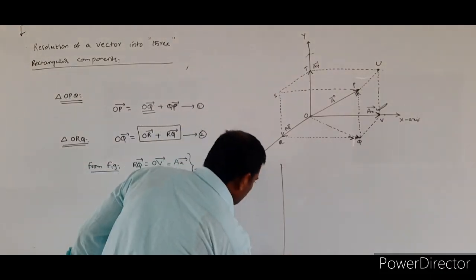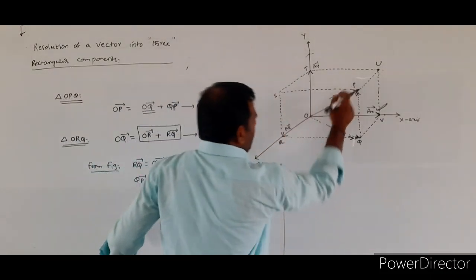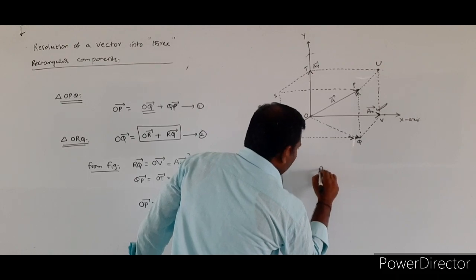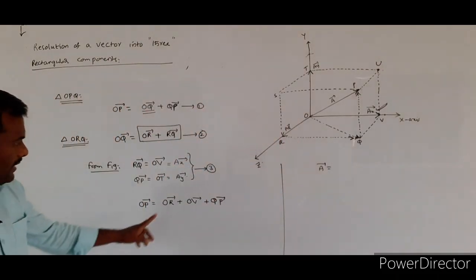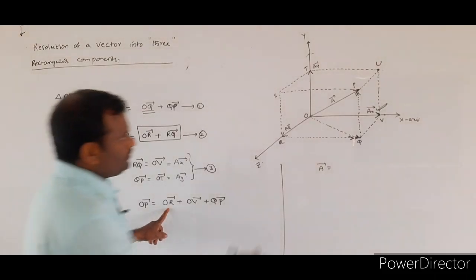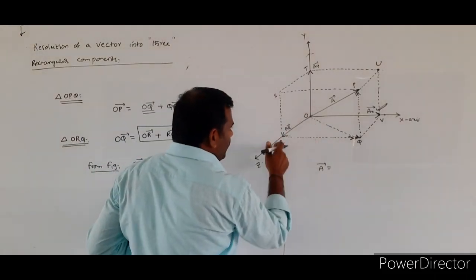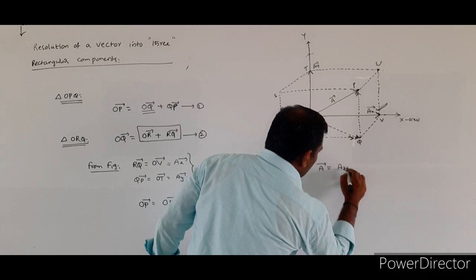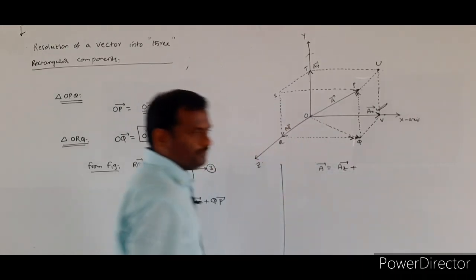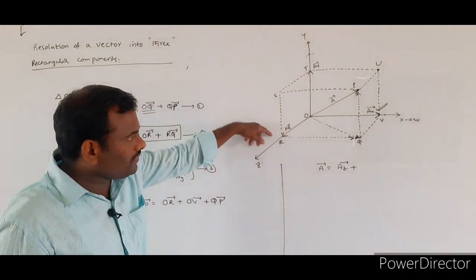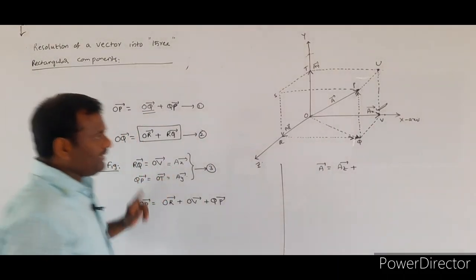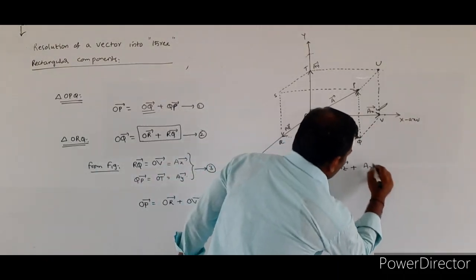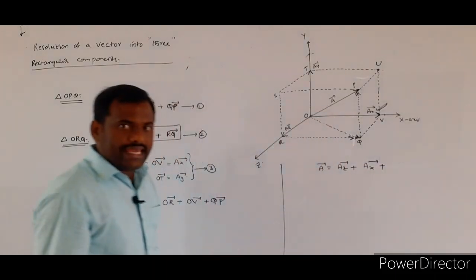Now, see here. OP bar is equal to, from the diagram, A bar. OR bar, that is O2R bar, this value is equal to AZ bar. Next, OV bar is equal to AX bar.